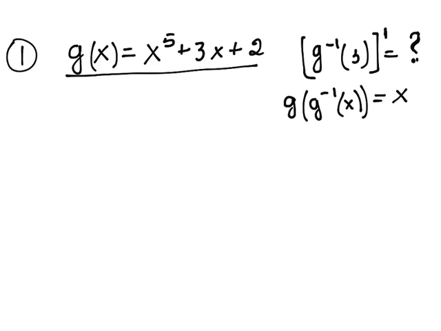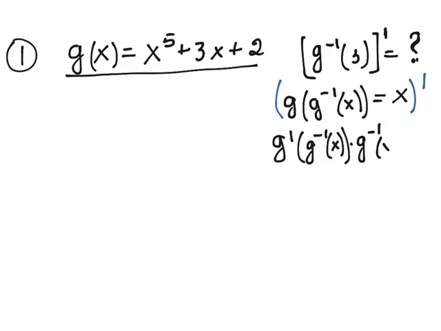So now if you differentiate both sides, you'll get g prime of g inverse, times chain rule, so you do g inverse prime, equals 1.